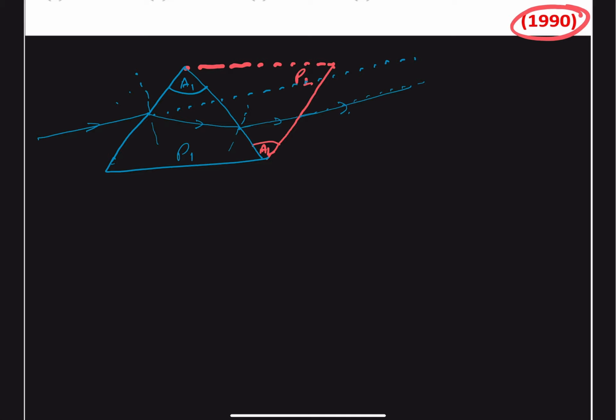So from here we can clearly see that the deviation, that is our delta, is equal to 0. And we have to find out the angle of P2, that is our A2.